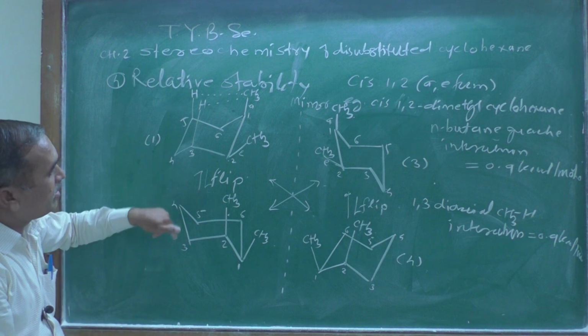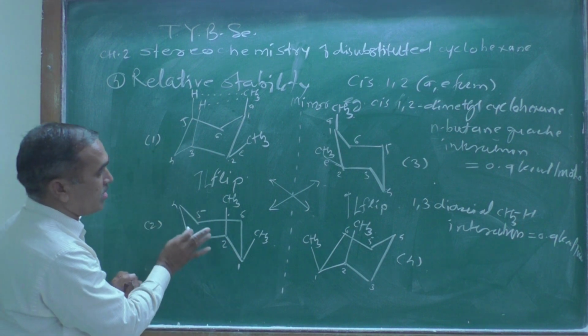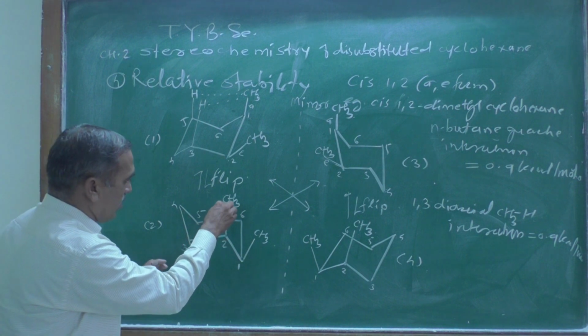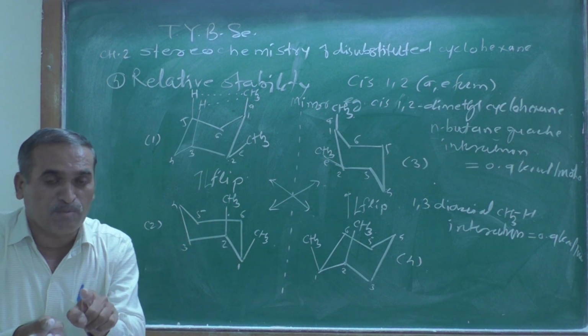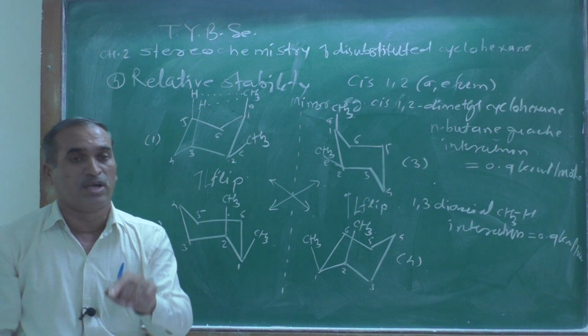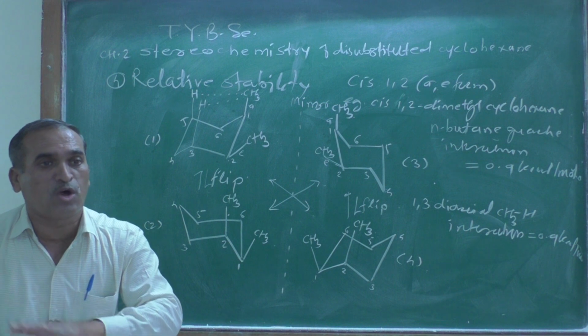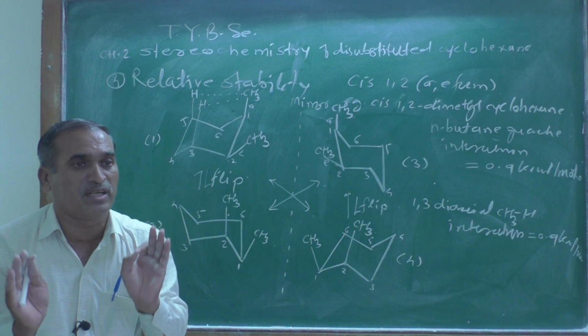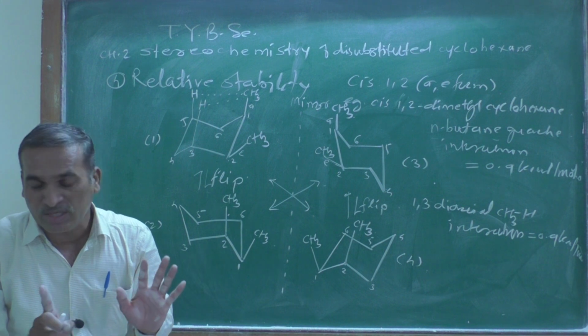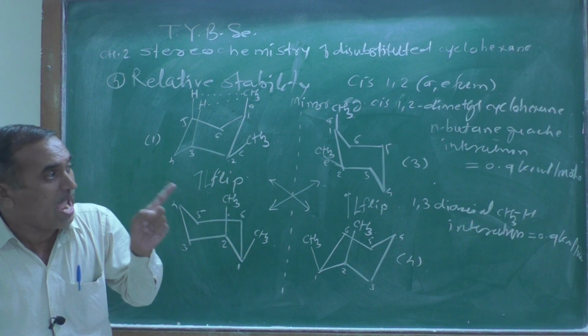Now count how many 1,3-diaxial interactions there are. Let us look at the second one. Only the axial bond produces the 1,3-diaxial interaction. The equatorial bond does not produce the CH3/H 1,3-diaxial interaction.